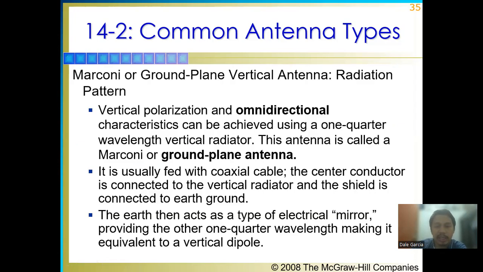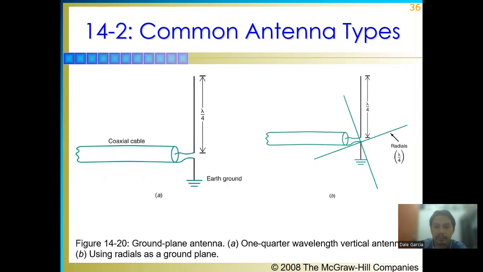You see? So they are always the same. The ground acts as the other 1/4 wavelength. So here are specific examples. It could be implemented like the one on the left and like the other one on the right.